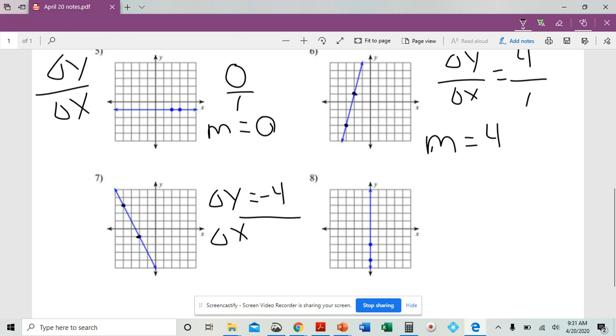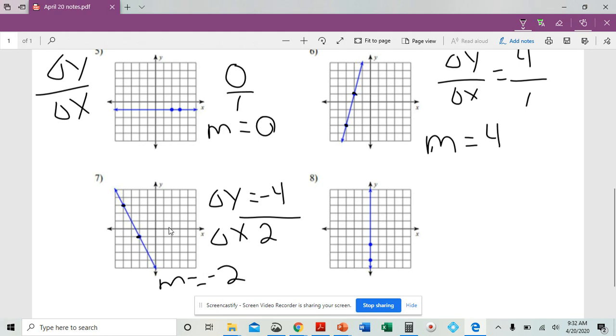Our change in x, to get from this all the way over here, we're going to go over 1, 2 units. It's a positive 2 because it's moving to the right. So our slope is going to be -4 over 2, which equals -2.